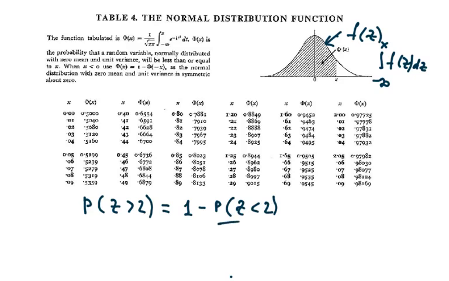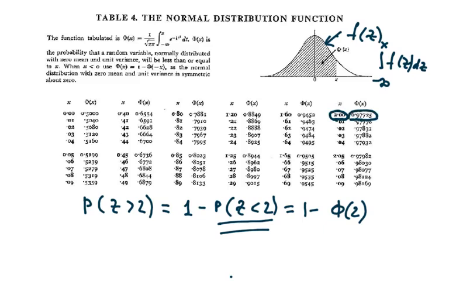And this probability can be found already in this table for normal distribution. It's presented in terms of x and phi of x. I will put it like this: this is 1 minus phi of 2, and phi of 2 is given in the table. So 2 is this value of x, and the corresponding value of phi is this.